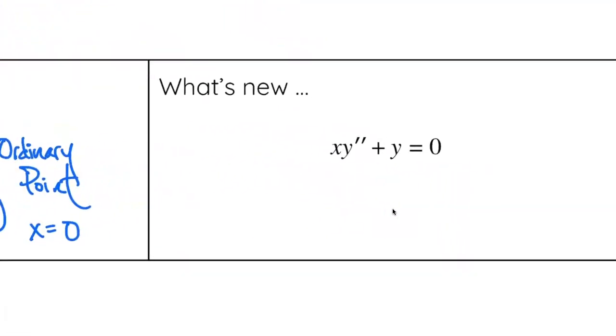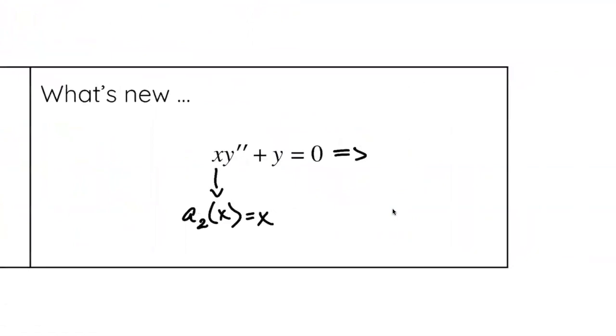where sometimes if we have that coefficient, all right, and in this case, our a sub 2 of x is x. But if we were to take this differential equation and rewrite it in what we call standard form, where we divide away that leading coefficient, we would get y double prime plus 1 over x times y equals 0.